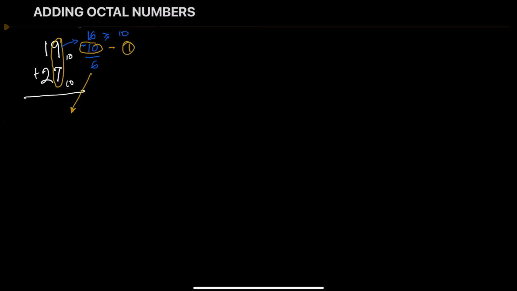Because of that, we take this 1 and bring it here. So we put the 6 here, and then we take the 1 and put it here. So this is 1 plus 1 plus 2, which gives you 46 in base 10.